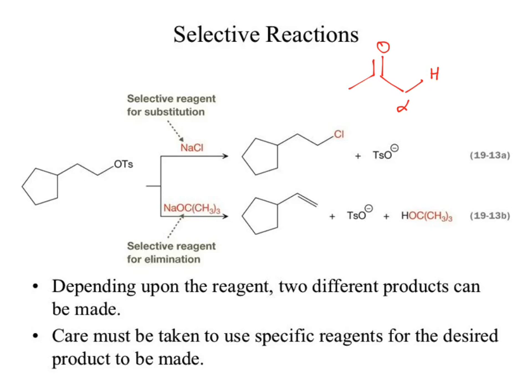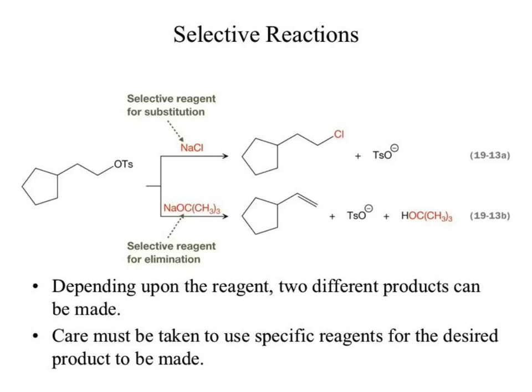By limiting its ability to encounter things, we can change that reactivity slightly. But we're always going to take a hit in our yield because we have those multiple pathways. So what we would like to do is pick reagents or conditions that would prevent one pathway versus another.